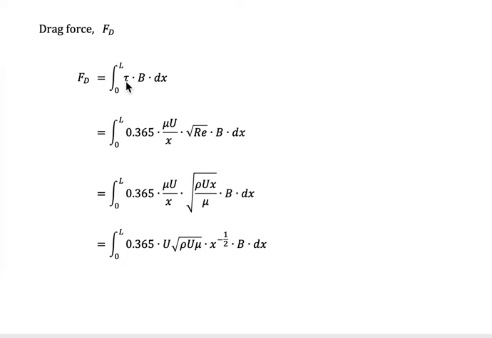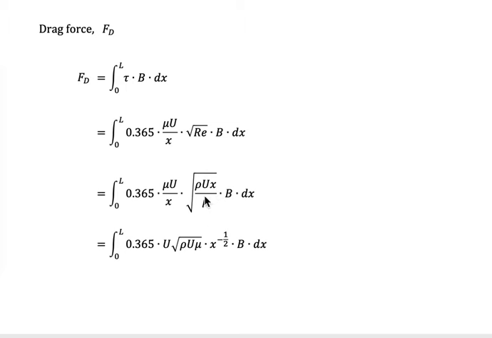We substitute the value of tau that we got in the previous slide. We replace the value of Re with its common equation, which is rho u x over mu, and then we simplify this equation.